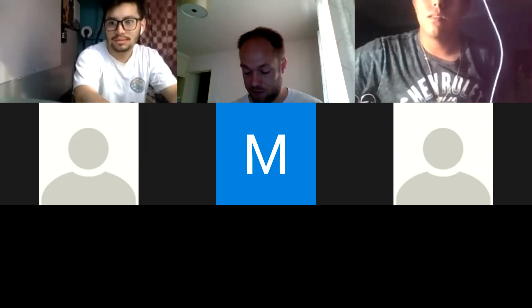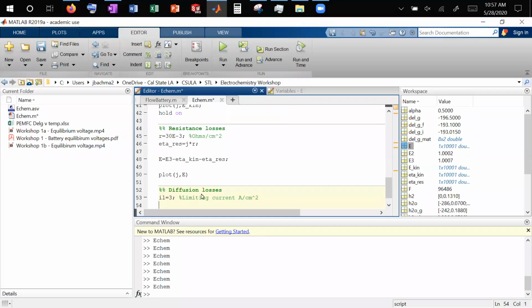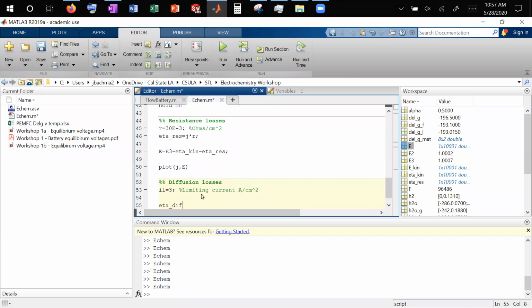But so this is limiting current, right? And this is in amps per centimeter squared. And we said our eta, our overpotential for diffusion in this case, is going to be R times T divided by N times F times log of 1 minus, we were using J. Sorry, I'm going to switch from I to J. Some people use J, some people use I. So J divided by J L, and I believe we need to do a dot here because it's JL.